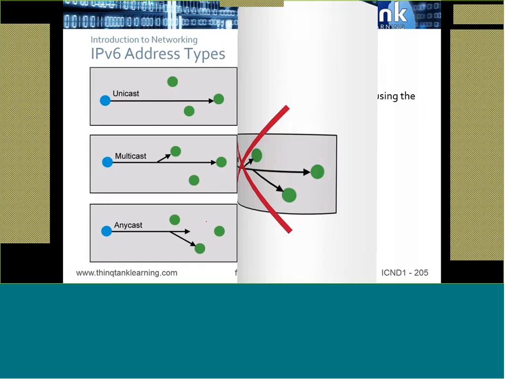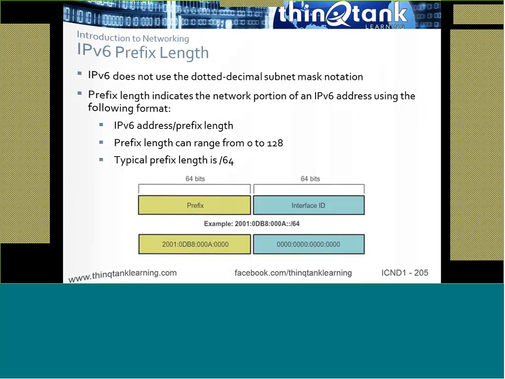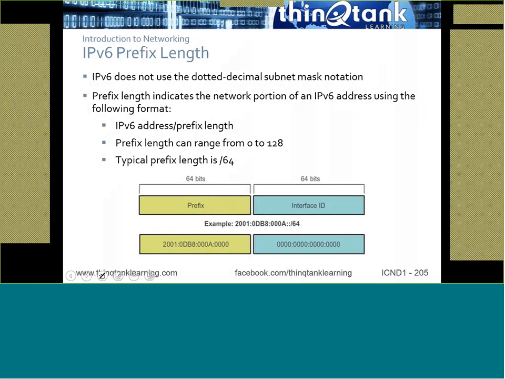All right. What about the prefix length? IPv6 does not use a dotted decimal subnet mask. The only way that we represent an IPv6 address mask is in the slash notation format. But you will see some strange numbers. You'll see /80 or /70 or /64.